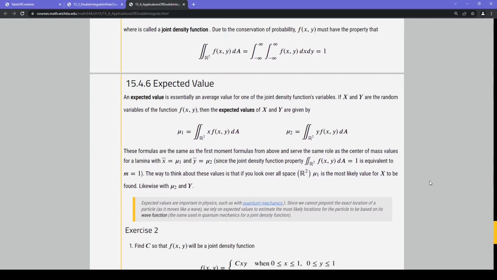In mathematics and statistics, we can figure out something called an expected value. Okay?